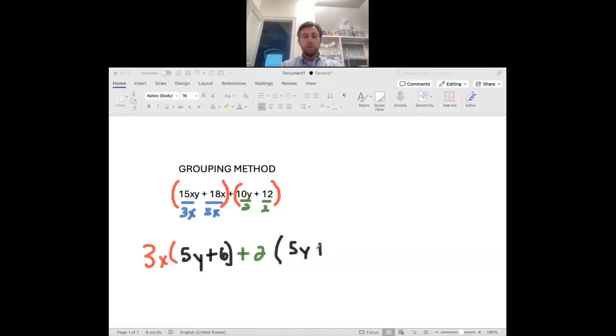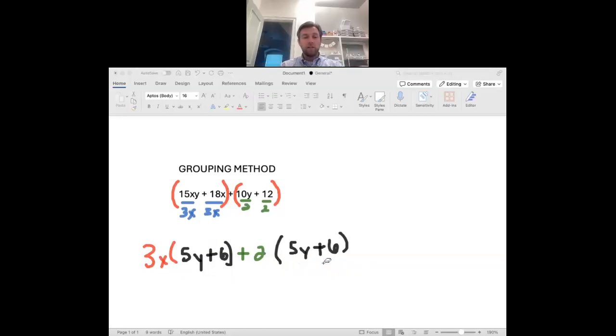How does this help us? Well, looky there. 5y plus 6. 5y plus 6. That's how you know you're doing it right, when you see the same binomial pop out all of a sudden. We know how to do this now, don't we?